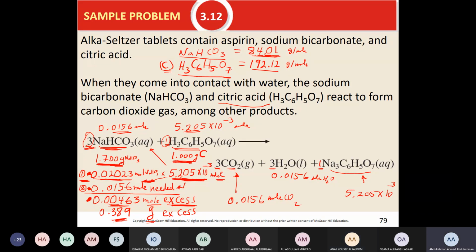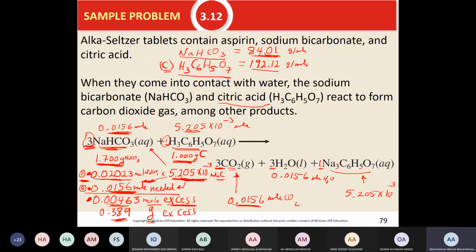Because of the equation. The equation here, 3 will give you 3. 0.0156 will give you 0.0156. Right? No, I mean in the beginning. That's what we calculate. This is the calculation.